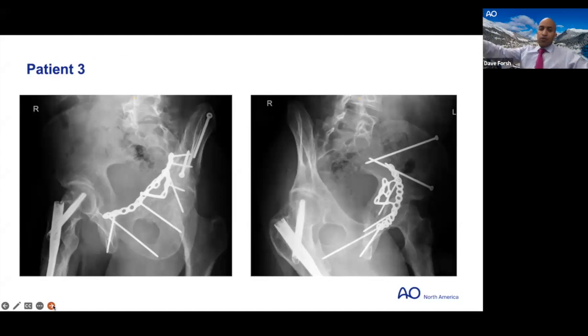The screws that you can't place into the posterior column through your AIP are some of the more cranial screws going into the posterior column, because you simply can't get that trajectory. So that would necessitate making a lateral window exposure to put those screws in either through the plate or just lateral to the plate.